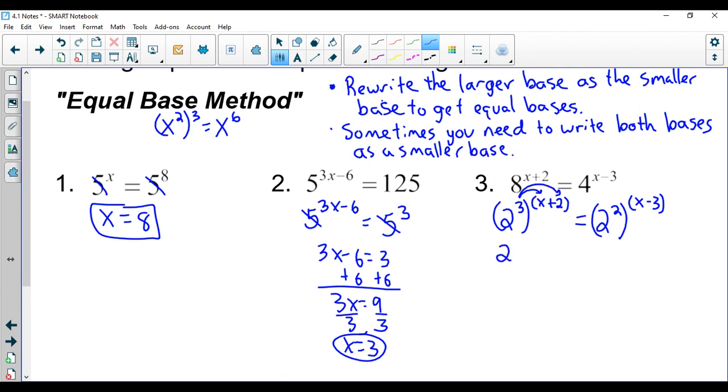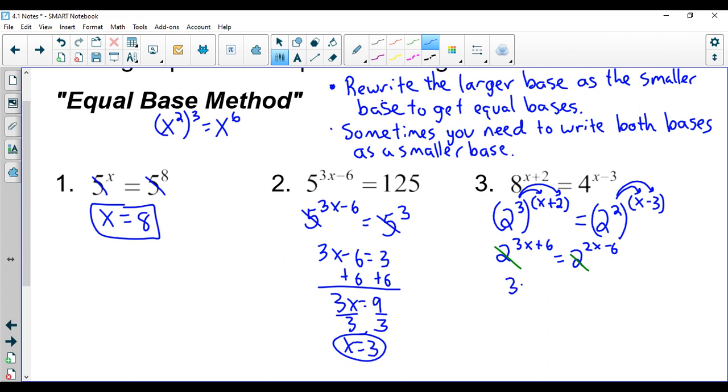So I'm going to end up with 2 to the 3x plus 6 power equals 2 at base of 2, and then I'm going to distribute the exponent of 2 to the x minus 3. So we have 2 to the 2x minus 6. Again, now I have those equal bases, so those bases cancel out.